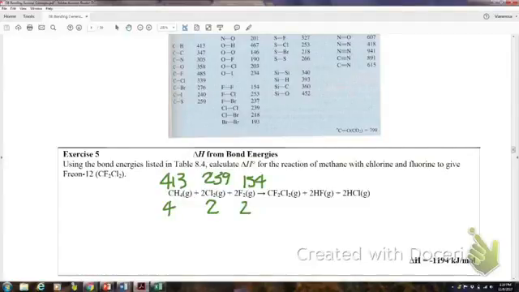In this one we have chlorine to fluorine, which is 485. And we have chlorine to carbon, which is, where did it go? 339. And we have 2 of those, right? And then we have 2 of the HF bonds.